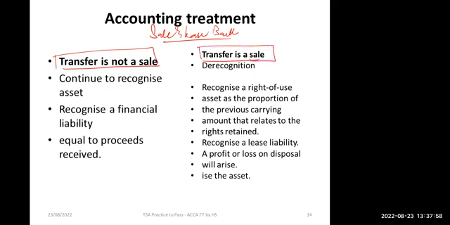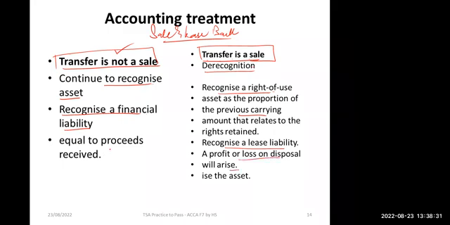If the transfer is not a sale, then we continue to recognize the asset, and whatever amount we are receiving in this transaction will be recognized as a financial liability. When the transfer is a sale, we derecognize the asset, recognize the right of use asset as a proportion of the previous carrying amount, recognize the lease liability, and we also recognize the gain or loss on disposal.